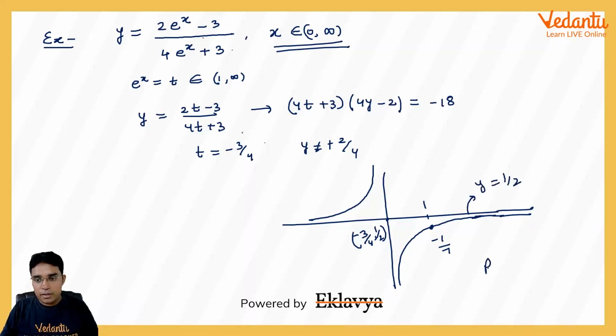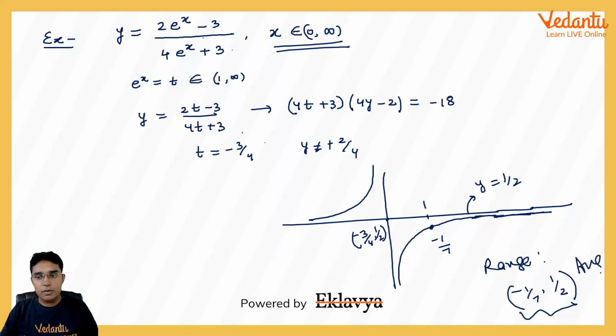So here the range will be, you can check, minus 1 by 7 comma 1 by 2. At 1 by 2 it has to be an open bracket because we will never achieve that value, it will always lie below it. At minus 1 by 7 also, because here we have given an open bracket at 0, so at t equal to 1 also open bracket, so at minus 1 by 7 also this is an open bracket. So that is the answer for this particular question.